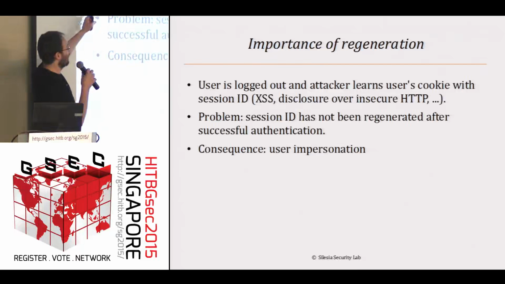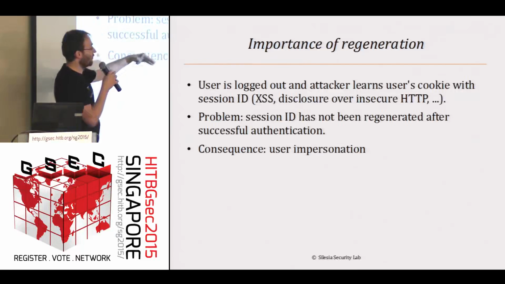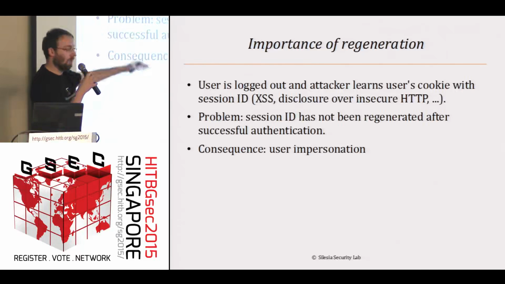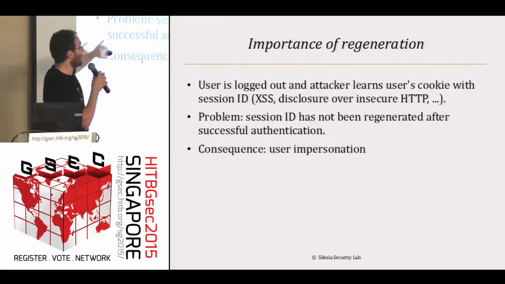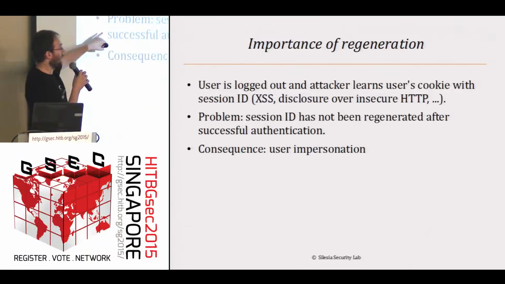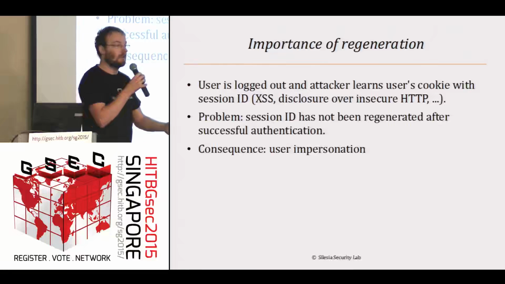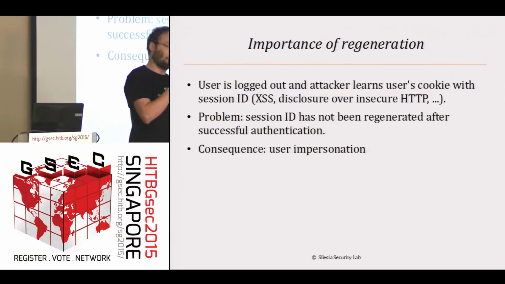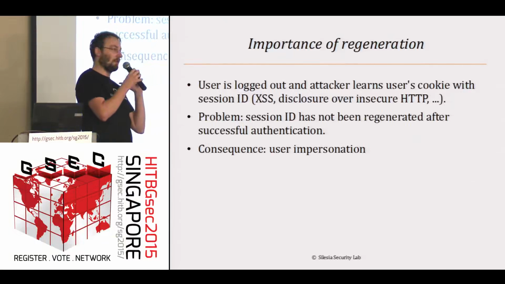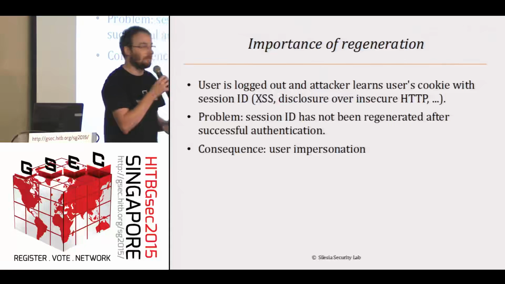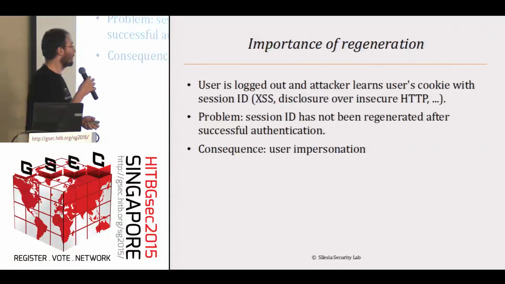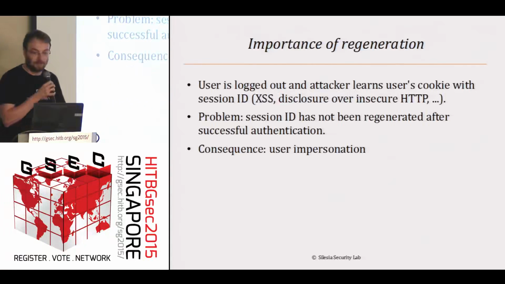But when we chain, for example, XSS, or disclosure over insecure HTTP of this cookie, with a problem in the life cycle of the authentication cookie, then finally we have user impersonation, because the session ID used by the user before being logged in and after successful authentication is the same, right? And it happens surprisingly in quite many places.